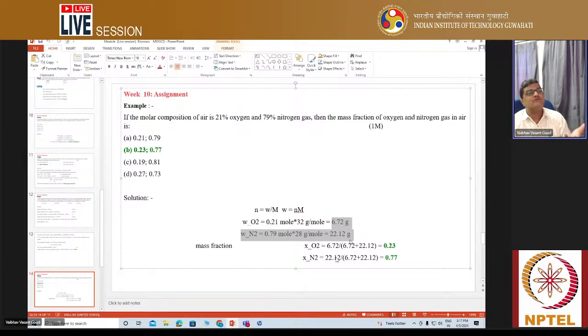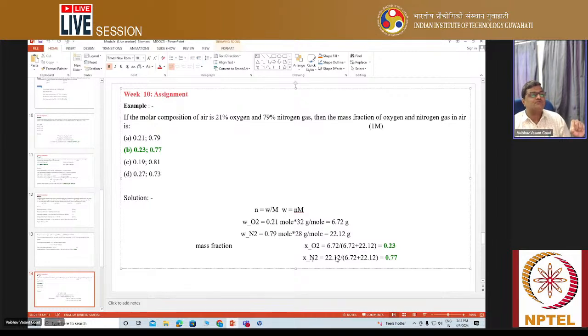So now we have the values of these components in weight form, that is in grams. So if you have to calculate the weight fraction or mass fraction of the oxygen, it is 6.72, that is the oxygen mass, divided by the total mass of air, that is oxygen and nitrogen. That is the summation of 6.72 plus 22.12. If you do this division, you will get the value 0.23 here.